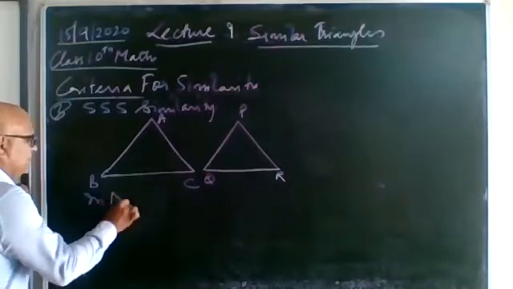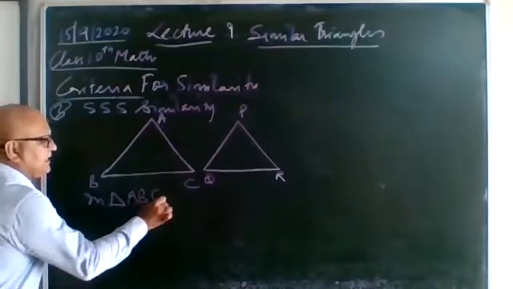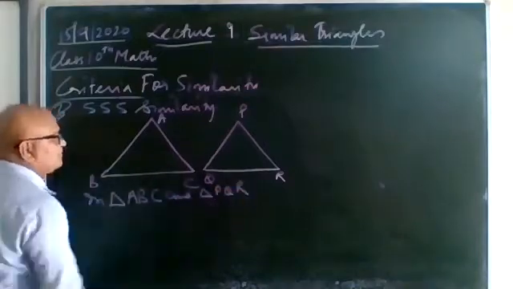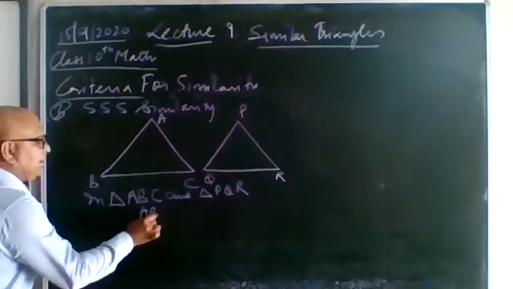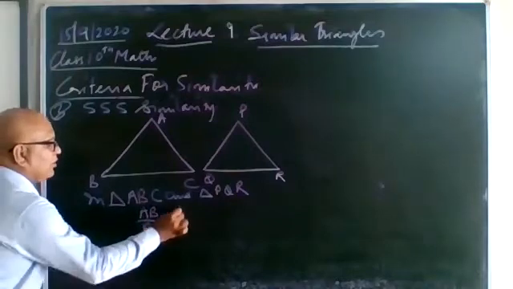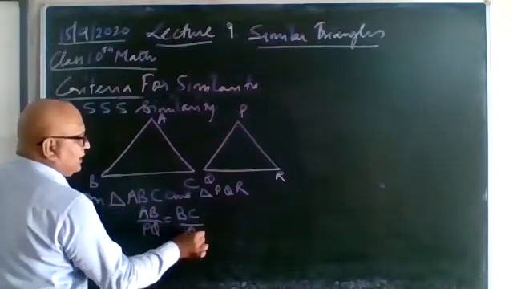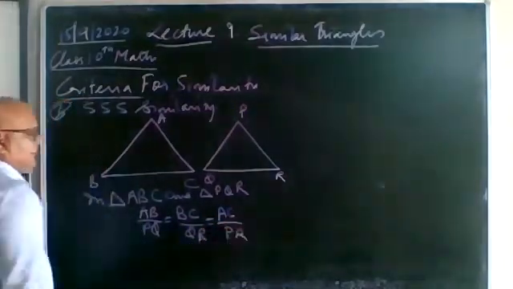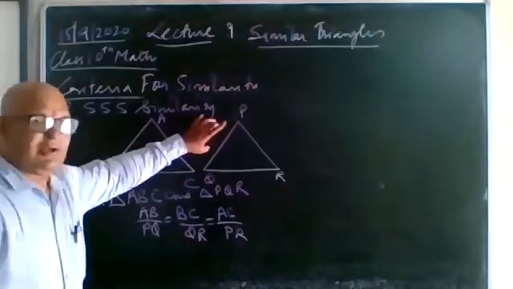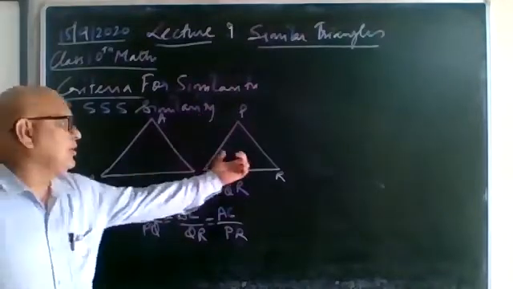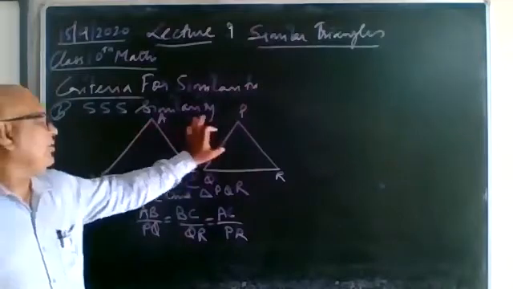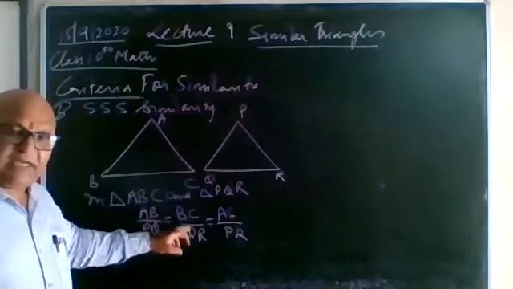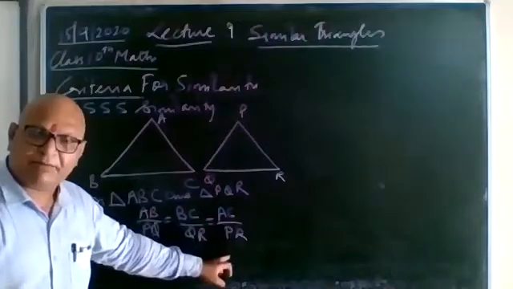In triangle ABC and triangle PQR, AB upon PQ, BC upon QR, AC upon PR.